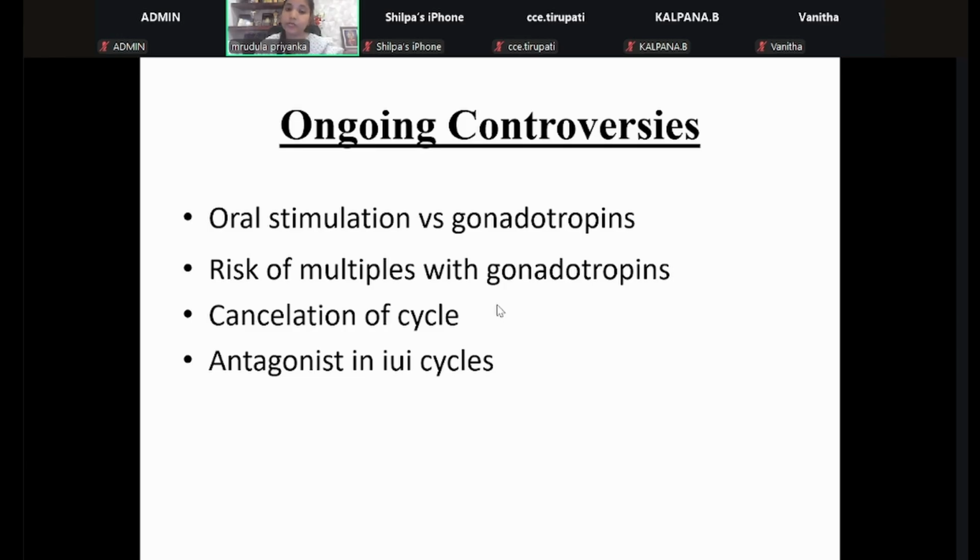Whenever E2 levels are very high, more than 1000, we can cancel the cycle to avoid multiple pregnancy and OHSS. We can give an agonist trigger and counsel no intercourse or abstinence to avoid OHSS and multiple pregnancy. Or otherwise, you need not give the trigger, just cancel the cycle. And abstinence is very important.